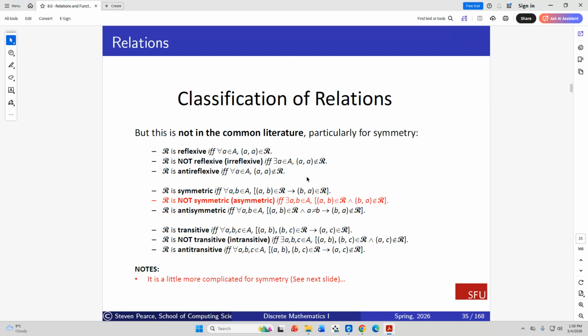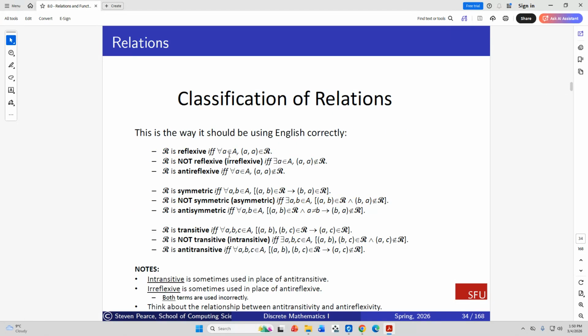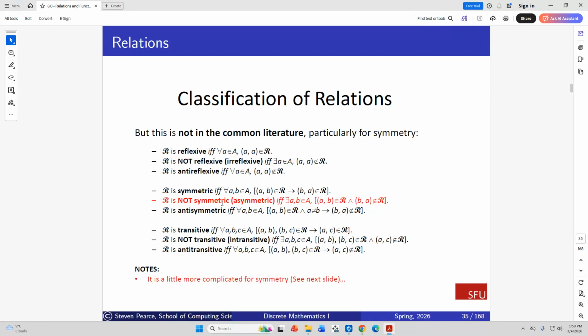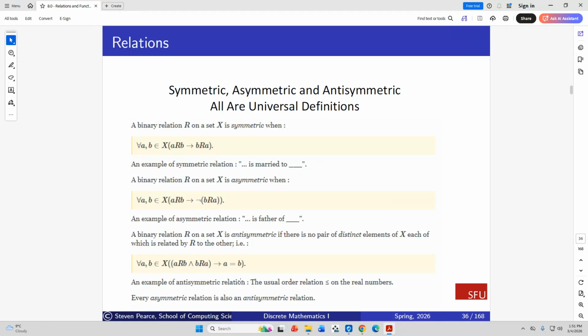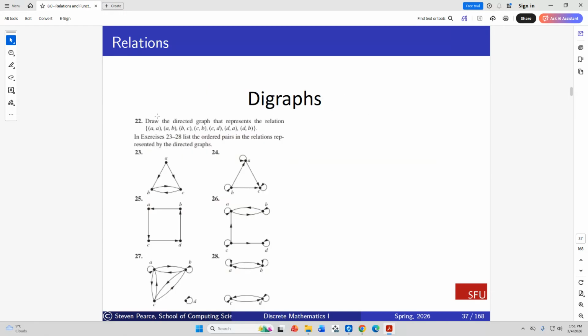Just concentrate on this, and notice that the one in red here is the same as this. I should just take that out. So draw the directed graph that represents the relation AA, AB, BC, CB, CD, DA, DB. This is so simple.